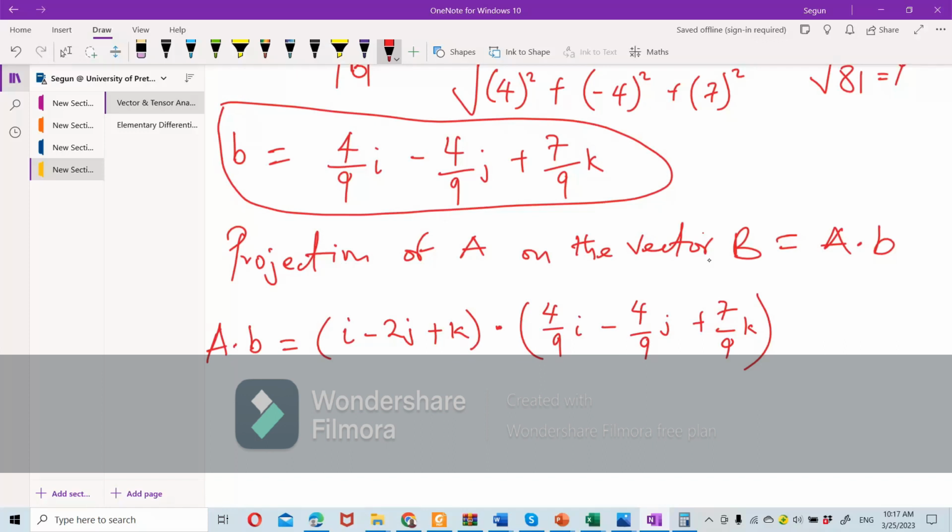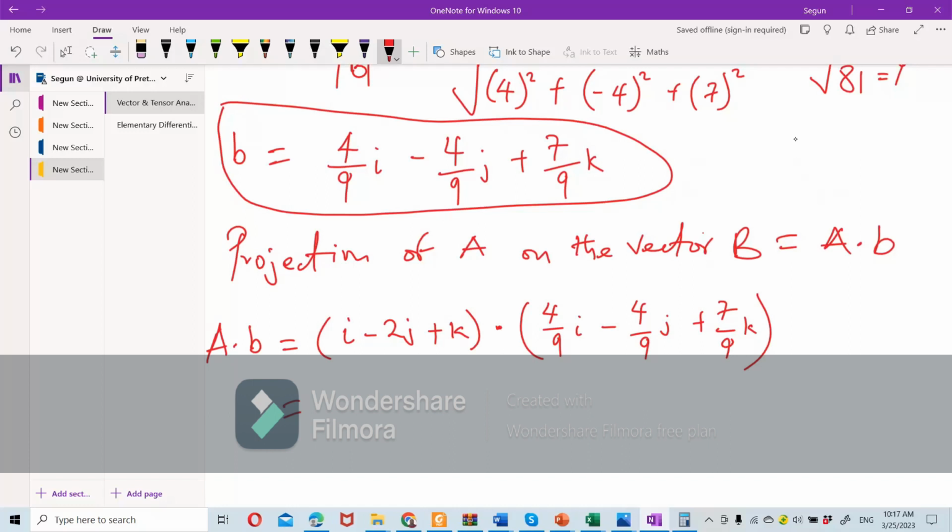Don't forget, in this case, it is component to component: i to i, j to j, k to k, otherwise 0. So for i to i, what is the coefficient here? Who can tell us?